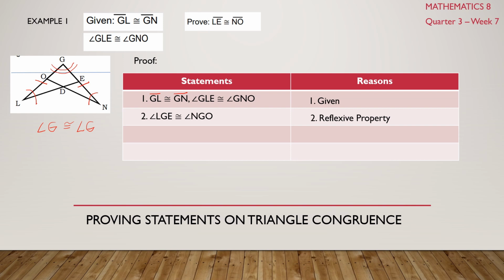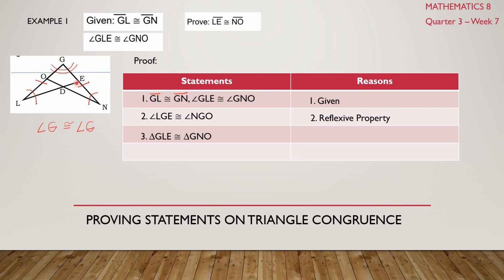Next, for our third statement, we saw the two triangles. So, we can say that triangle GLE is congruent to triangle GNO because they have three corresponding parts that are congruent.